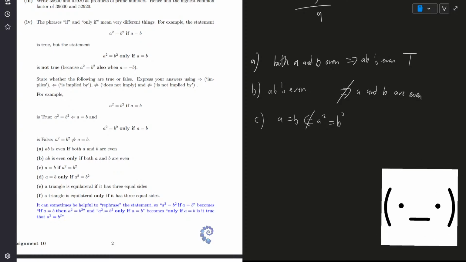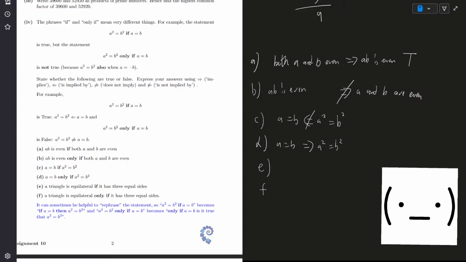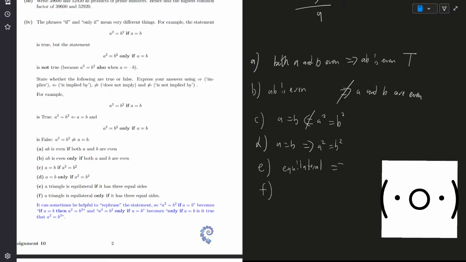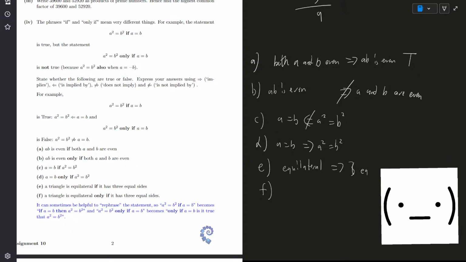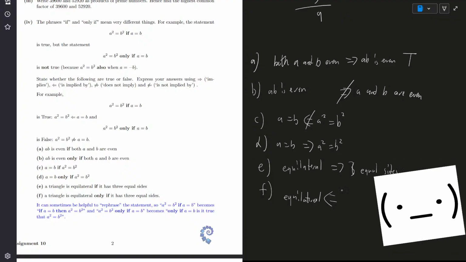So this is false. This is true. This is true. And the other way around is also true. This just isn't that interesting.